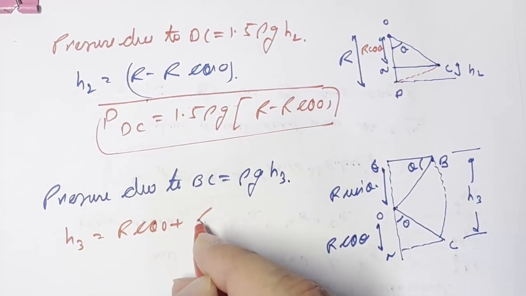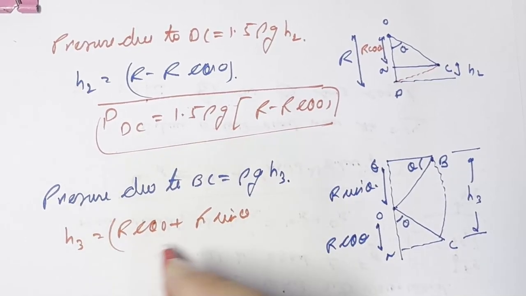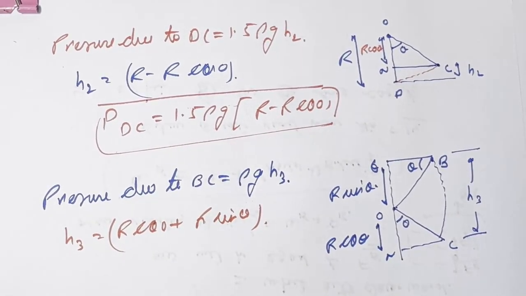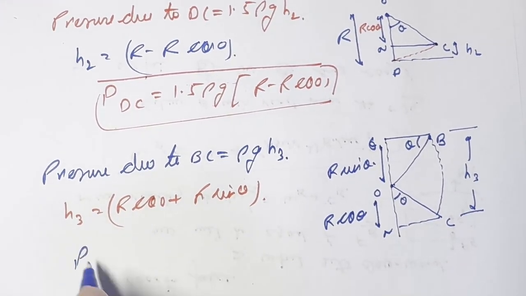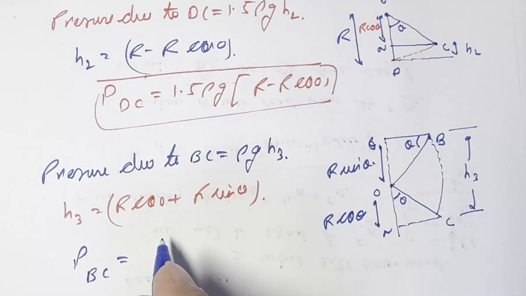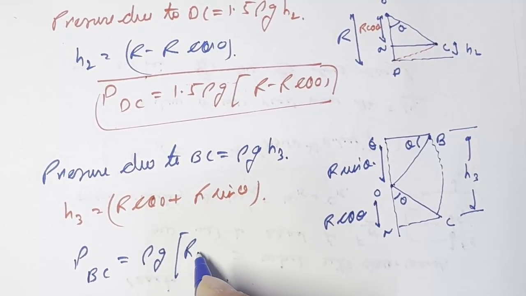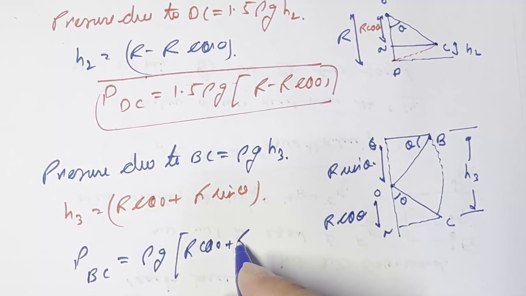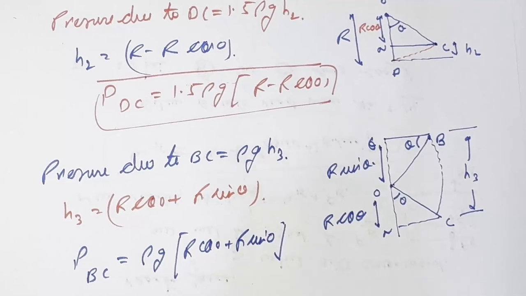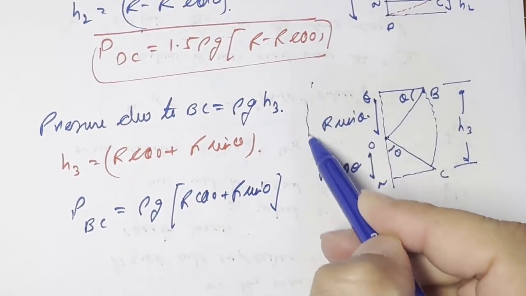Therefore pressure due to BC is equal to rho G, and we get R cos of theta plus R sine of theta.